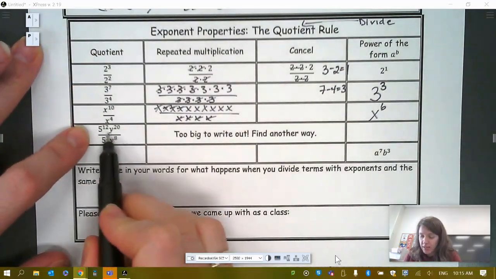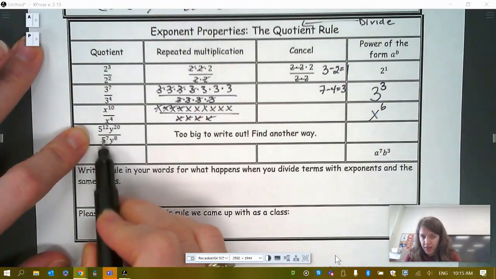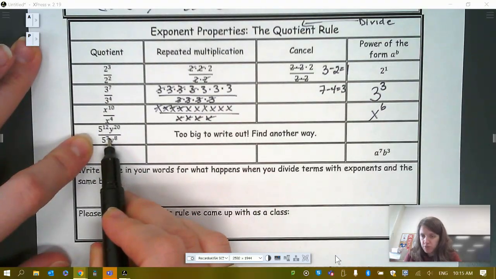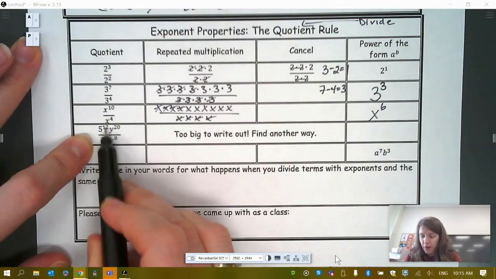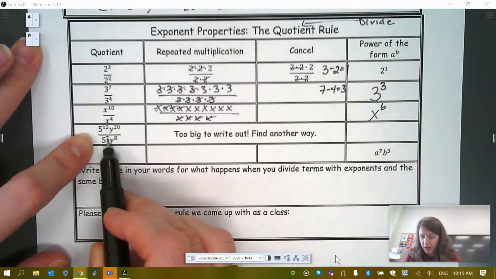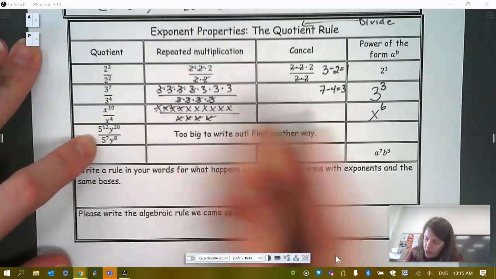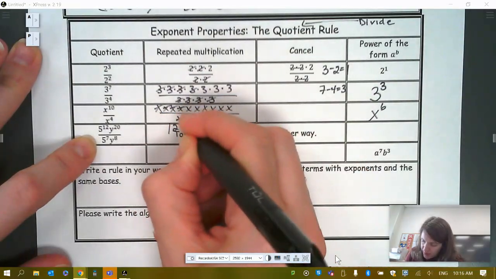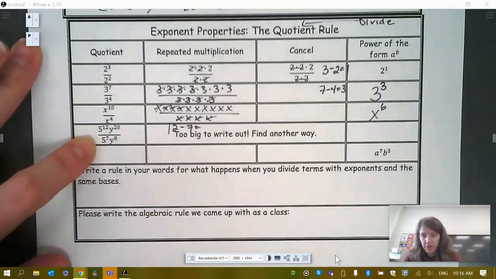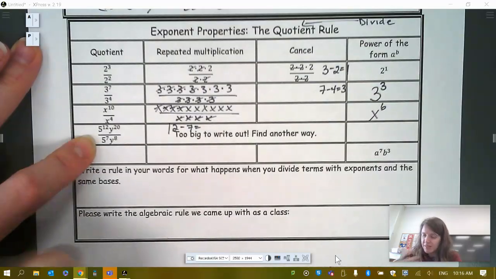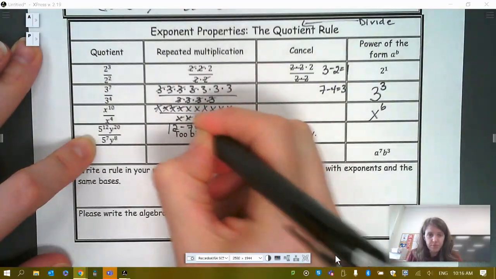So when we get to this bigger example, look at the numbers that go together. We have 5 to the 12th and 5 to the 7th. It's too big to write this out, but let's think about the exponent rule we're just learning. 12 and 7, we would subtract those. Well, what is 12 minus 7? Again, if you can't figure things like that out in your head, just use your calculator, right? So don't stress. 12 minus 7 should give you 5.